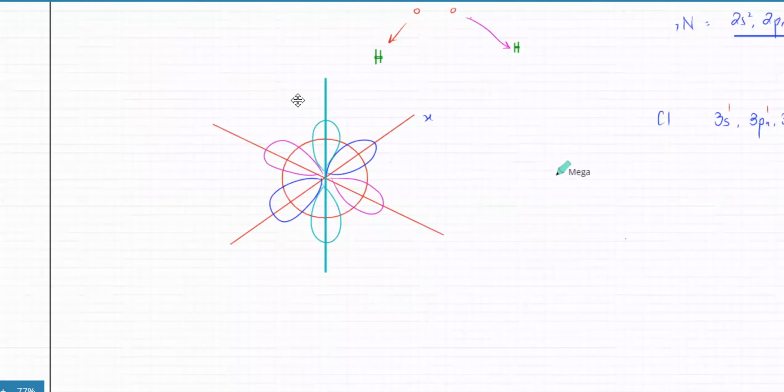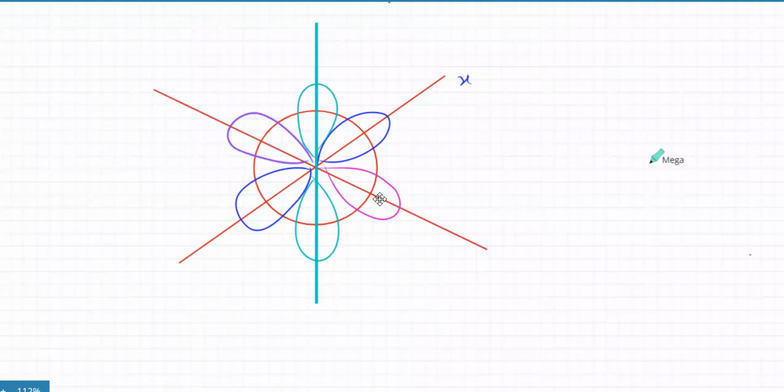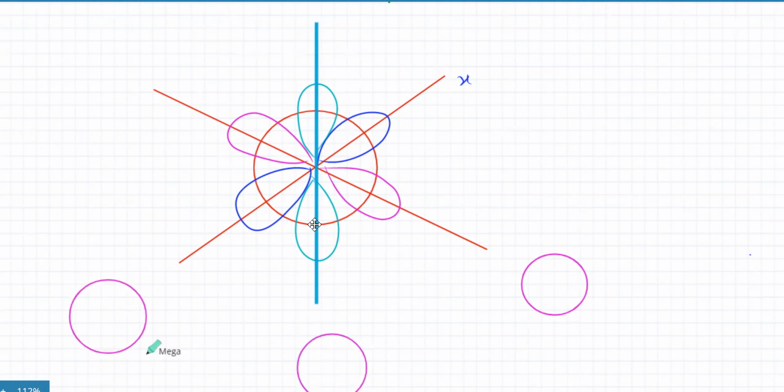So s is spherical. So this is Py, Px, Pz. And let's draw those 4 hydrogen atoms. There's a hydrogen atom coming in here. There's another hydrogen atom coming in over here. Hydrogen has a spherical orbital. And there's a hydrogen atom that's coming on top.